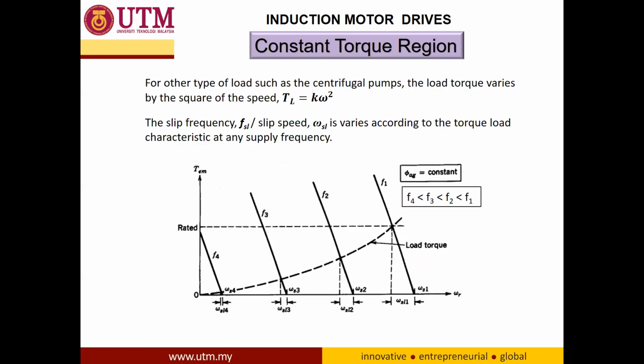And this is the relationship of the slip frequency with the torque speed characteristic for a motor with a centrifugal, or what I call quadratic, torque load. So the slip frequency is not constant and it varies according to the torque load.